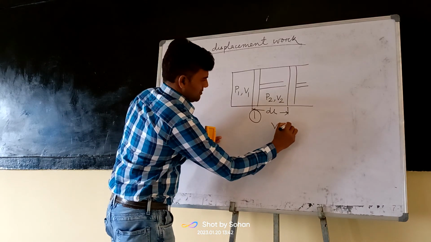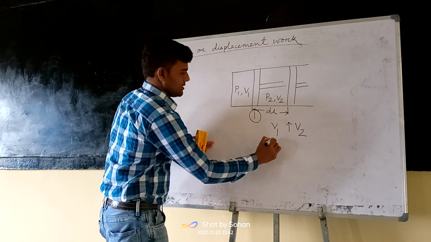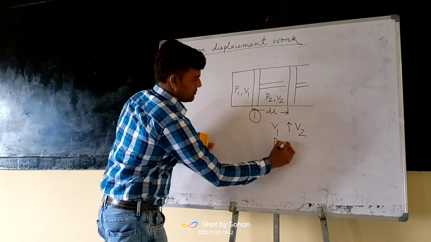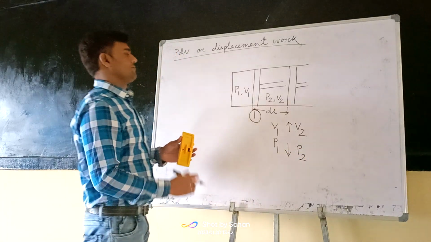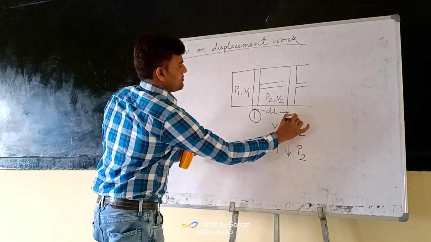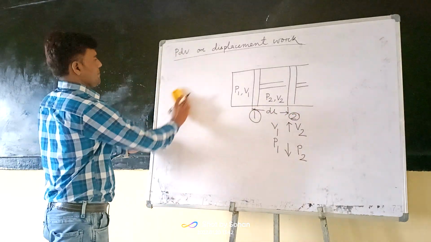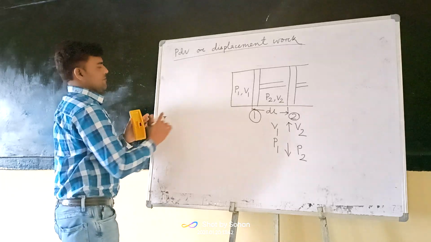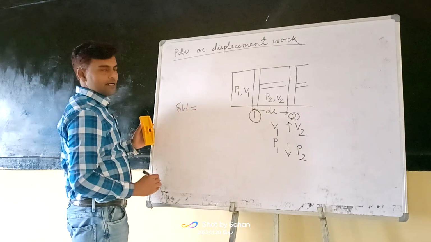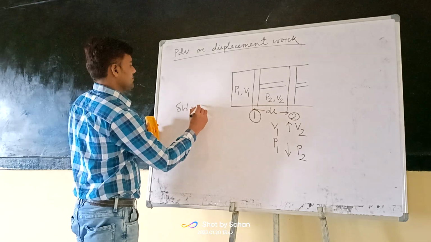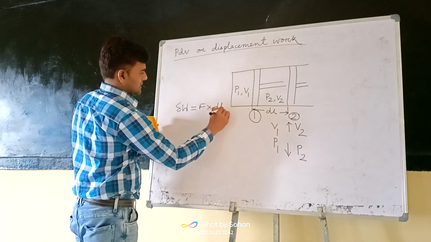Here V1 increases to V2. Obviously, pressure P1 decreases to P2. The final position is 2, from 1 to 2. del W equals force into displacement.